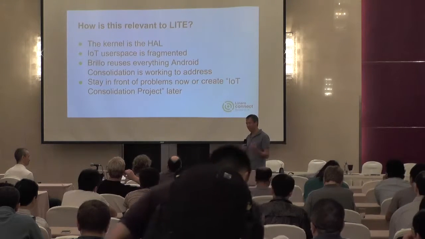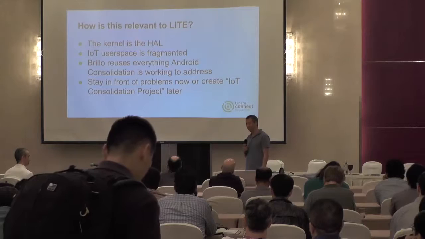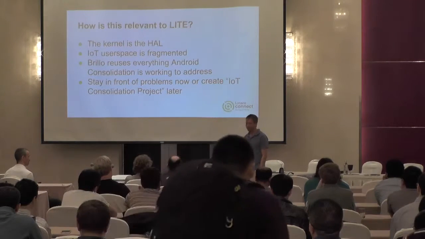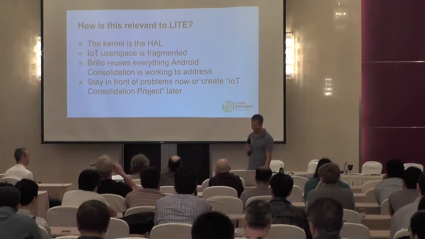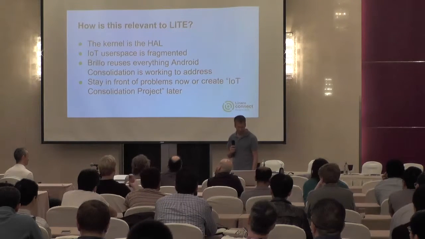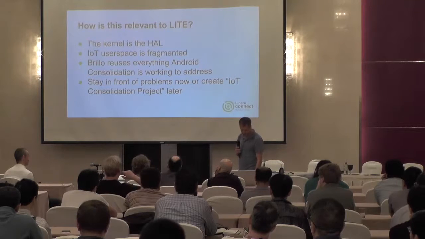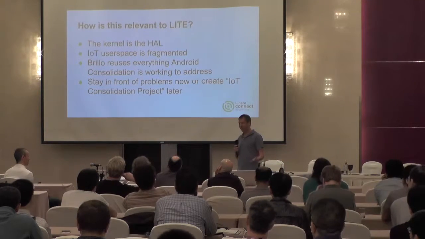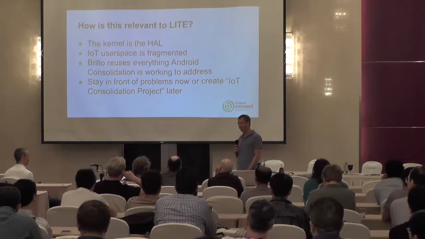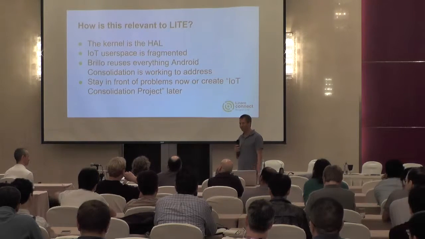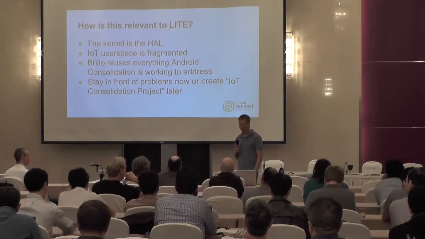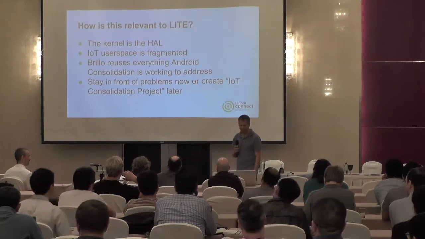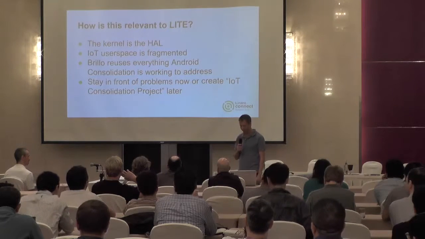So if you want to change the GPIO, you have to rebuild all of Brillo to do it. So either we look at this from the start and address these problems early on, or in 2 or 3 years we can create the IoT consolidation project. Or maybe we'll do both.